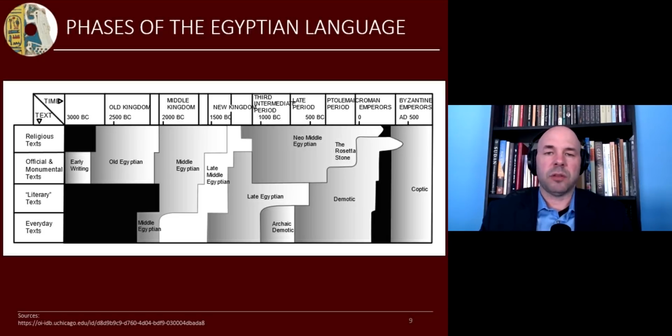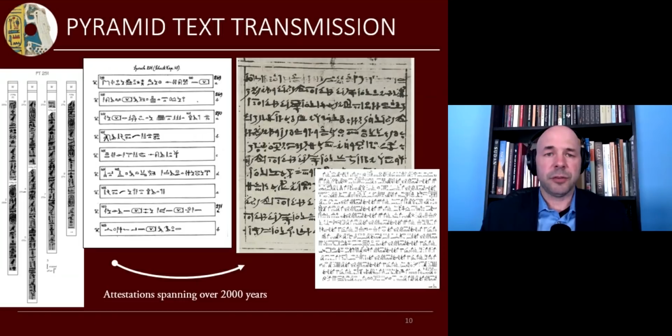So just to give you a couple of examples of that, here's an example on the left side of the screen. You're looking at copies of texts from the Pyramid of Unas, so from the late 5th dynasty. And on the right, you're looking at a papyrus that has those same spells copied out in hieratic from the Roman period, so the 1st or 2nd century AD.